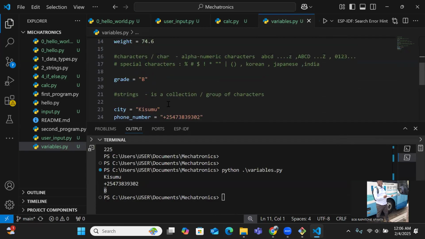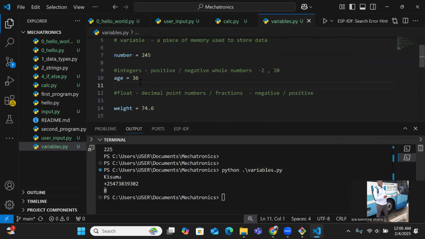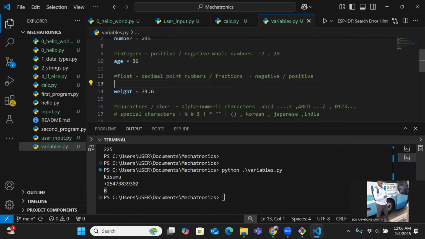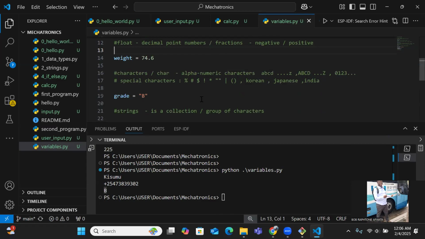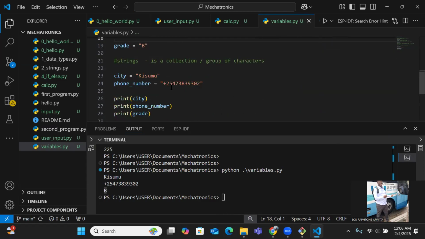Yeah, so I want you to type this. Type an integer, just put a number, a floating point, an example. And then a character, you do something like B. Then a string also, you do something. Okay. 2 minutes, you try that.